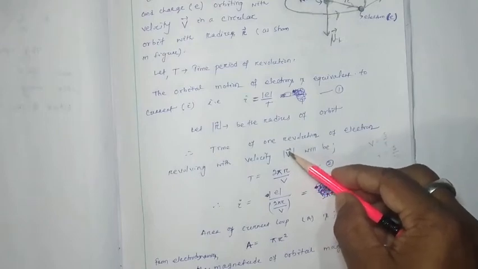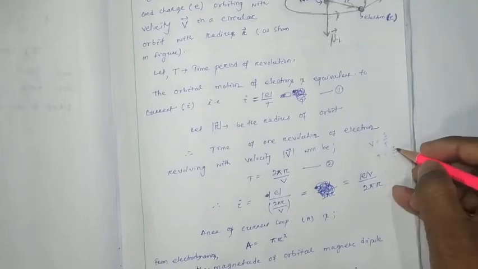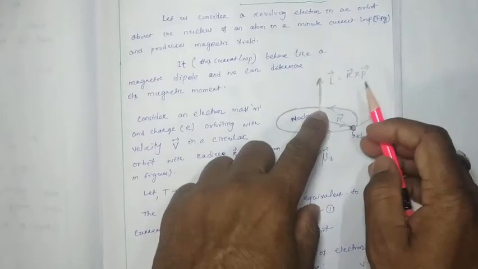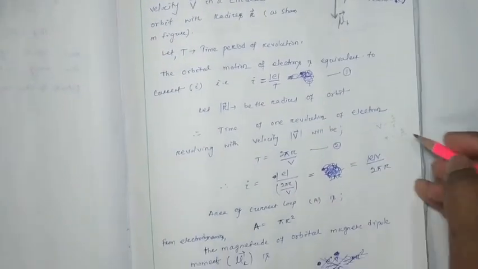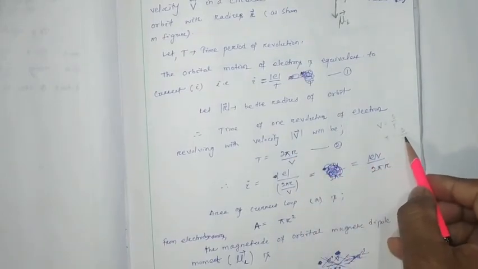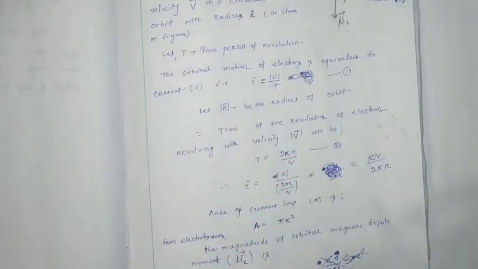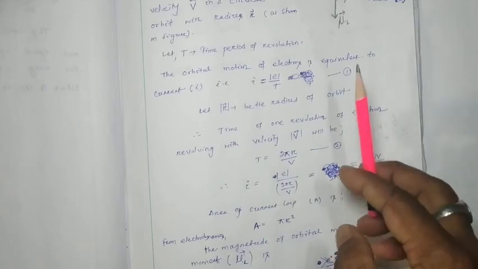The path length is the circumference, which is 2 pi r. So the time period T is 2 pi r divided by the speed v, which is the time taken by the electron to revolve once around the nucleus.